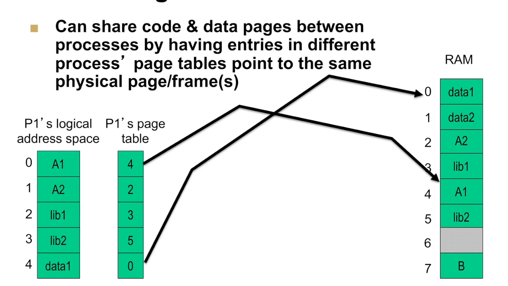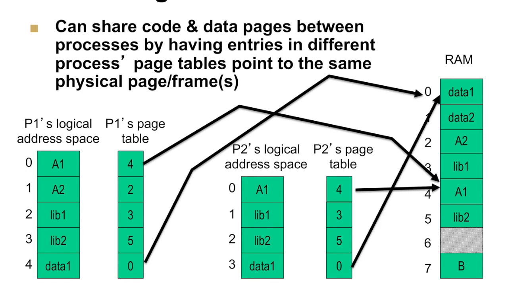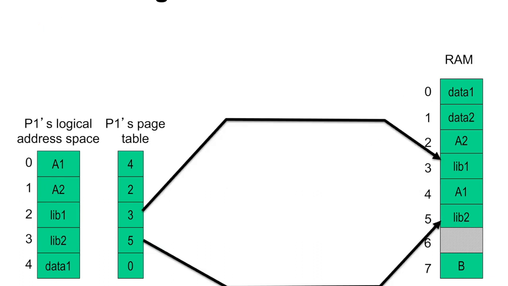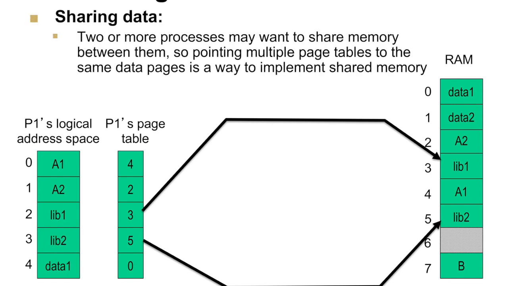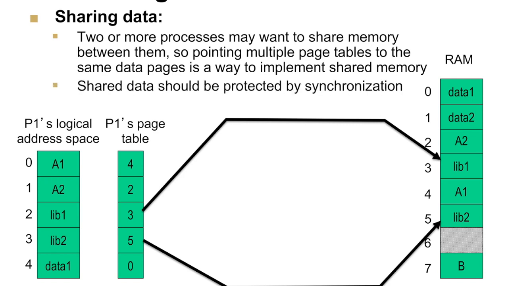We can also share code and data pages the same way. So we could just have the code being able to be shared between these processes. So in this case, say there was another process that was using A1 code, we could share that code or share the data. But whenever we're sharing data, we've got 2 or more processes that are pointing to that same data.